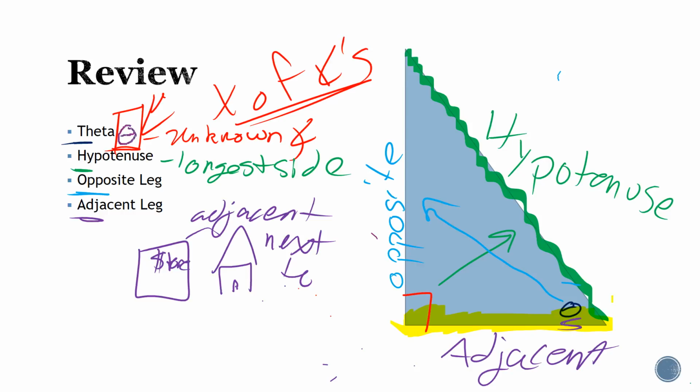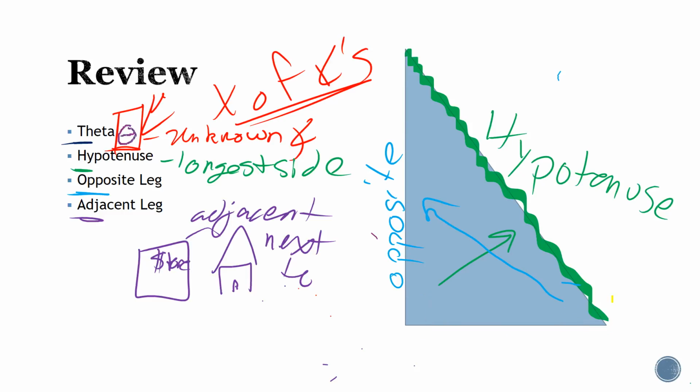Alright, so for instance, if I were to take the theta and move it up here instead, then my opposite would move to directly across.